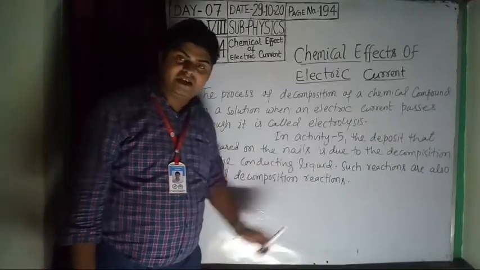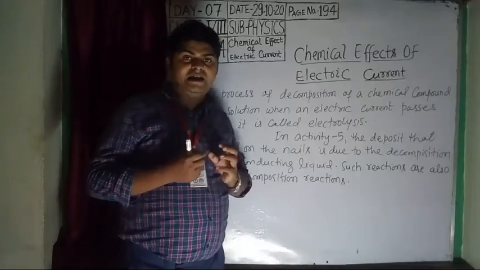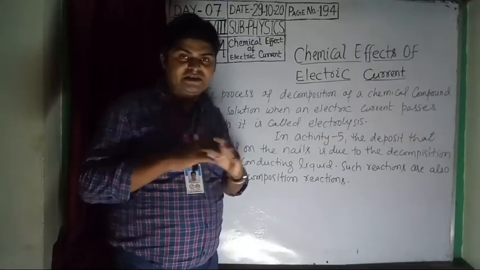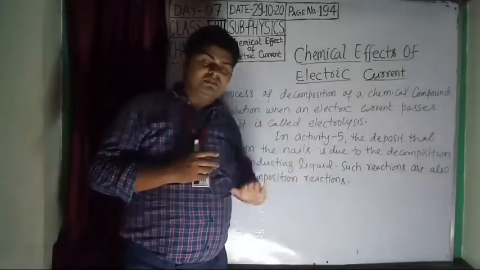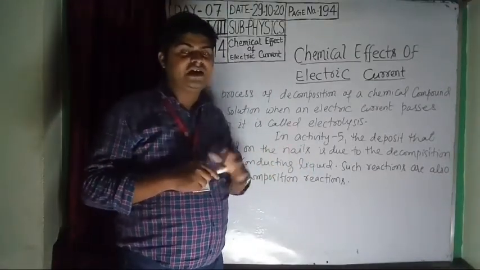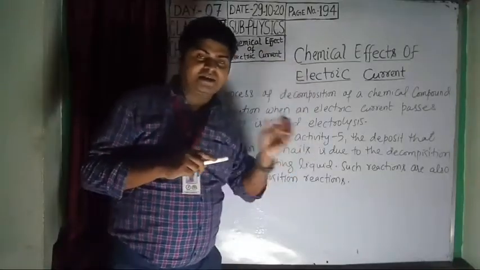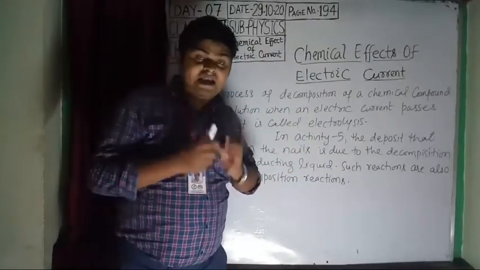You have seen there, when no material like salt or HCl is added, no bubbles form. But when salt, hydrochloric acid or sulfuric acid is added in the water and electricity is passed through it, bubbles are formed.